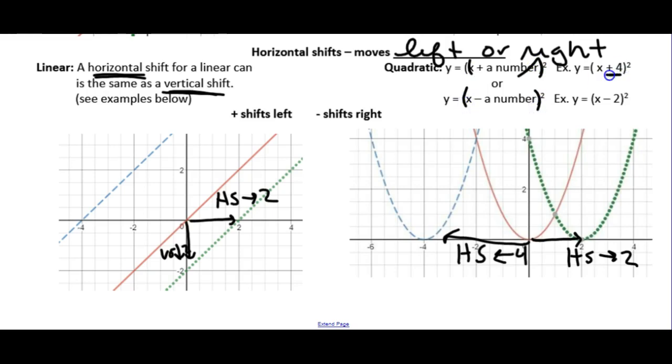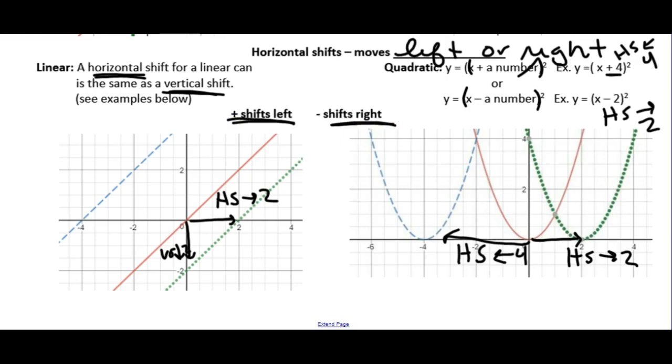If it says +4, that actually means it's going in the negative direction. So this +4 is actually a horizontal shift left 4. The one that has the minus in the parentheses would go right, or in the positive direction: horizontal shift right 2. So these actually go opposite of the sign. Plus would shift left, and minus would shift right.